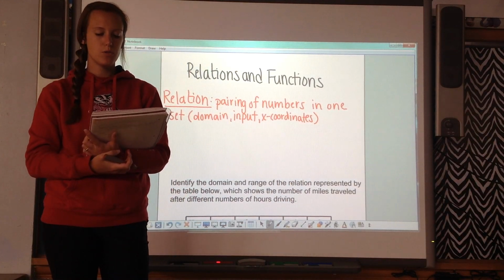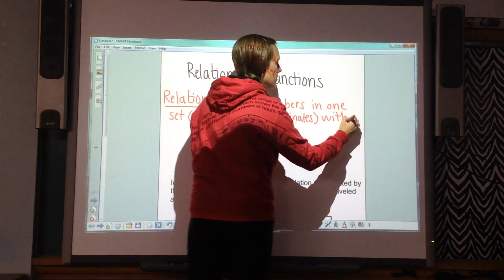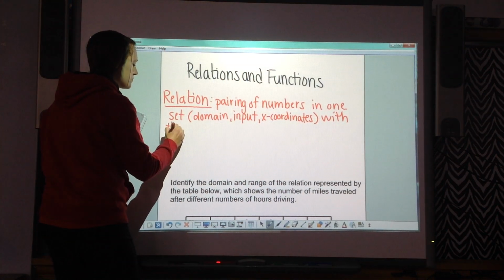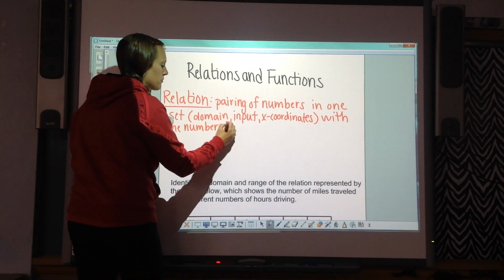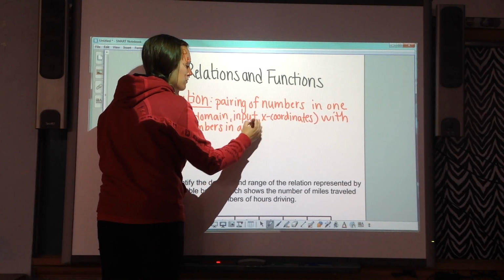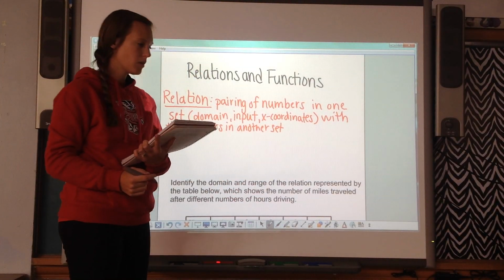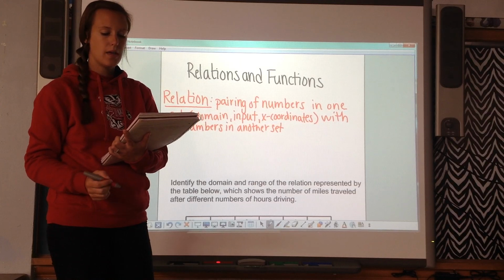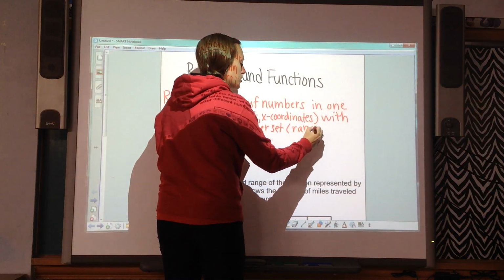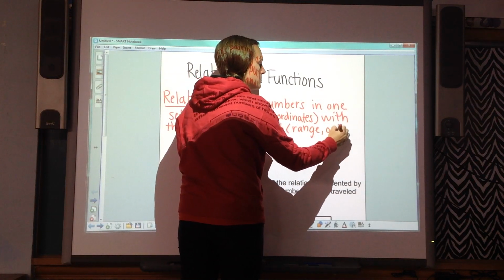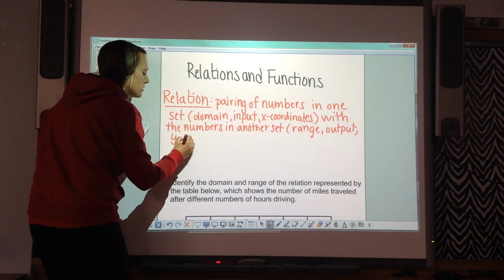And we're going to compare those with the numbers in another set. And that is called a range, or output, or y-coordinates.